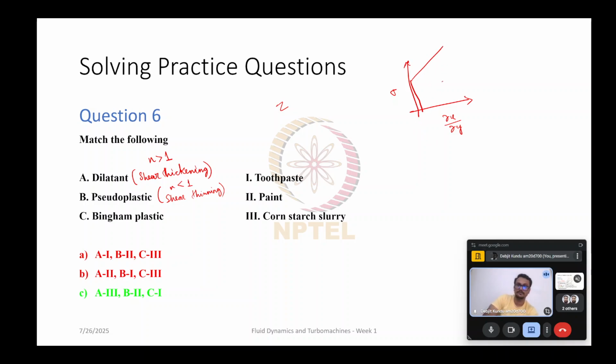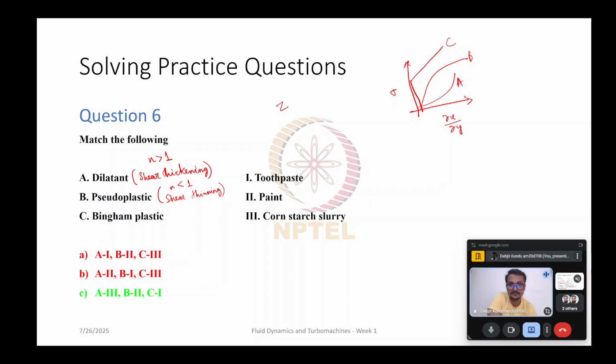So this is Bingham plastic. Then pseudoplastic would be something like this, and dilatant would be something like this. So this is A, this is B, this is C.